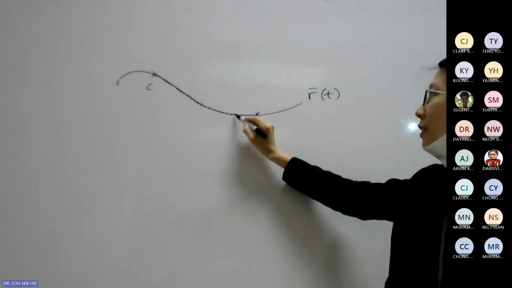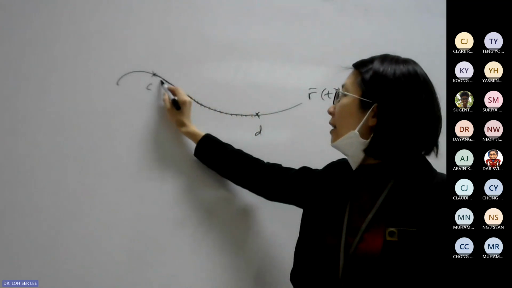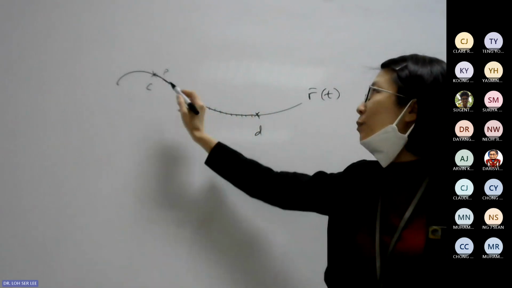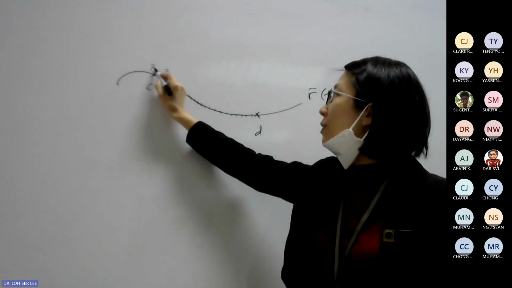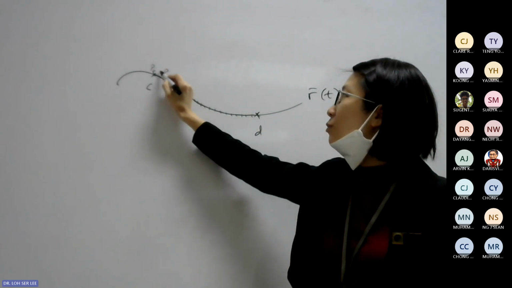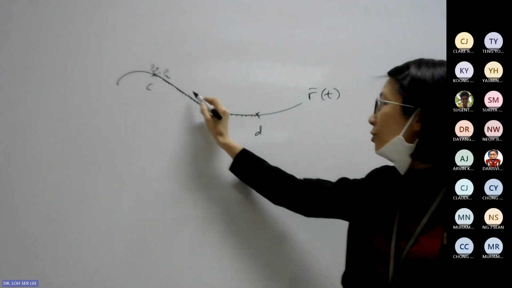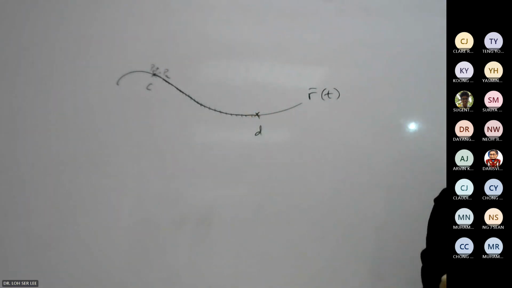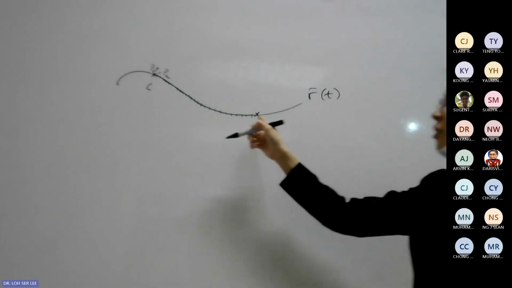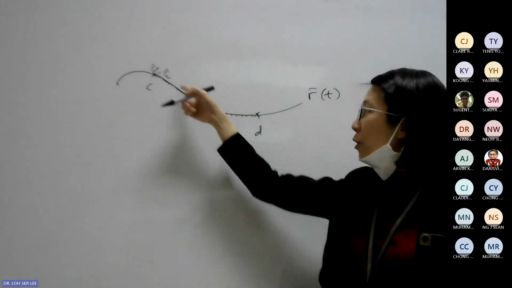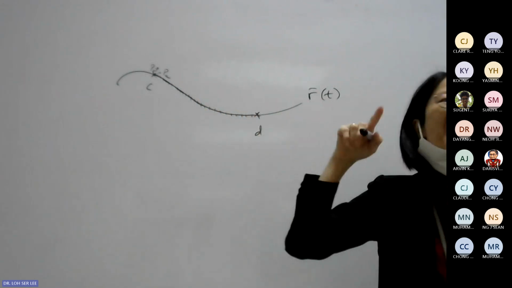Let's say each of these points is Pi, starting from Pi, Pi plus 1, Pi plus 2, up to maybe P infinity. If we break this small enough, then we may get until P infinity.